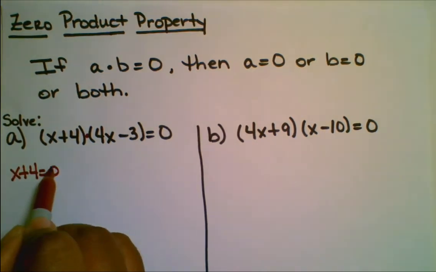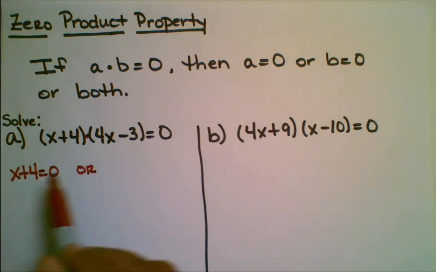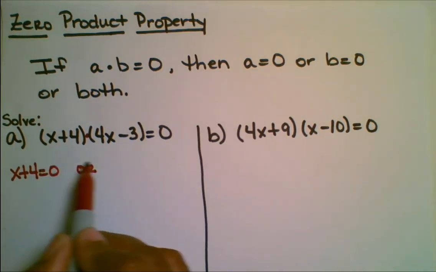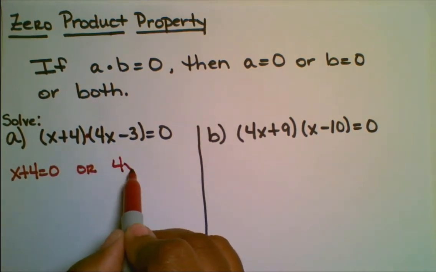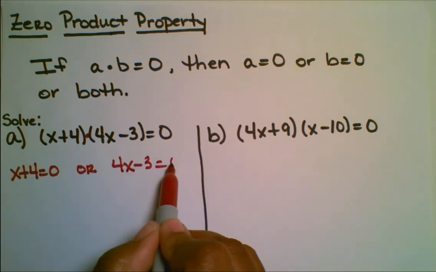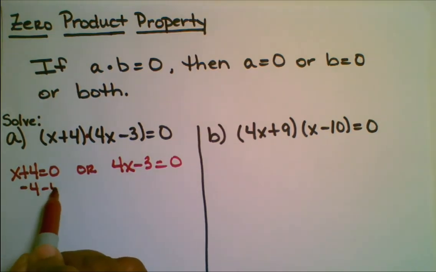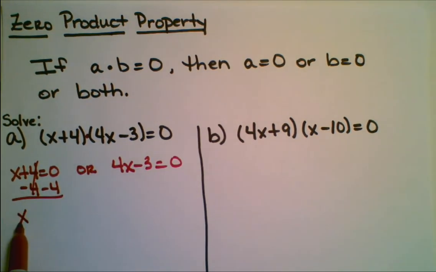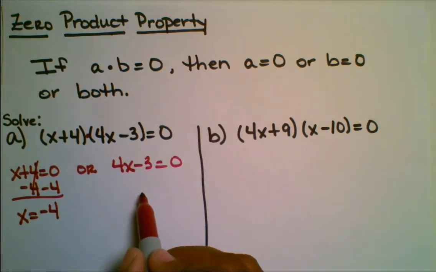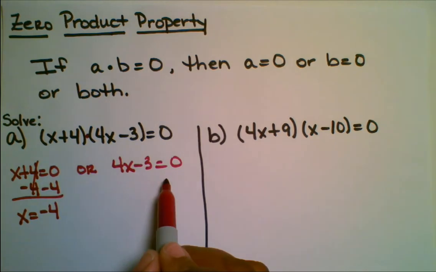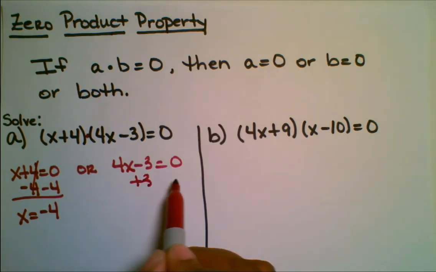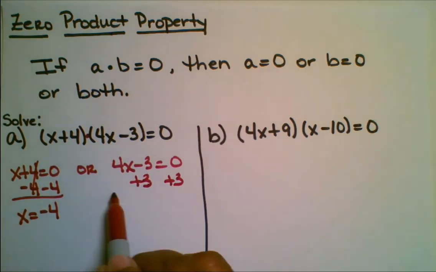Using the zero product property, we're going to set each factor equal to 0, and then we're going to solve both equations. So x plus 4 equals 0. To solve for x, we subtract 4 from both sides. We have x is equal to negative 4. And then the second equation, 4x minus 3 equals 0. We're going to add 3 to each side.